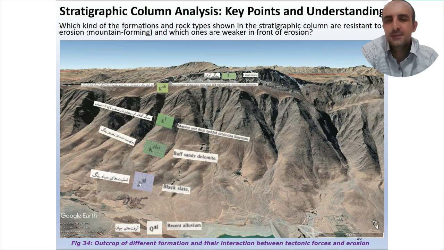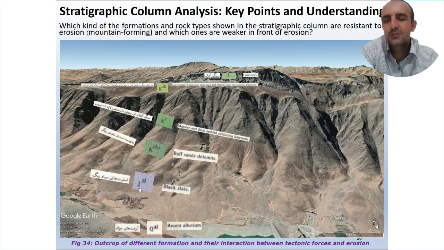In this selected picture, which is very important and can be used as a very good material for understanding the behavior of rocks in front of erosion, I used those rock types and I would like to analyze their behavior in front of erosion.